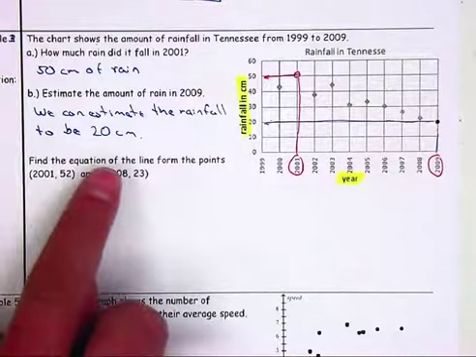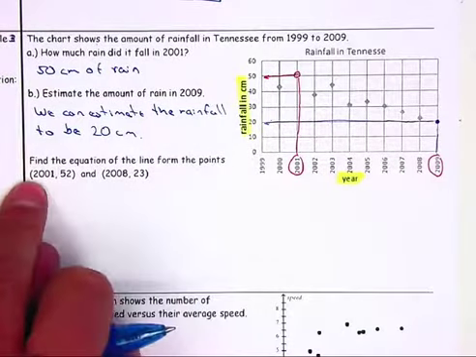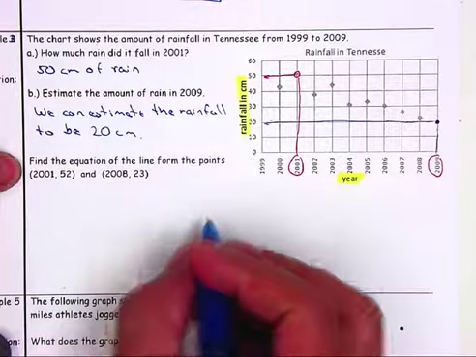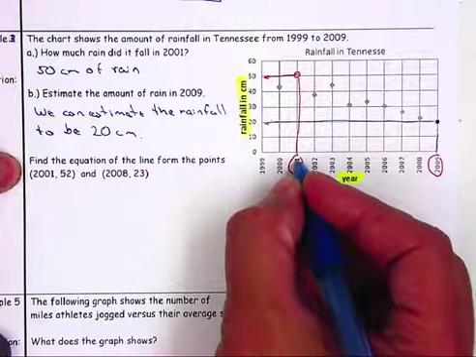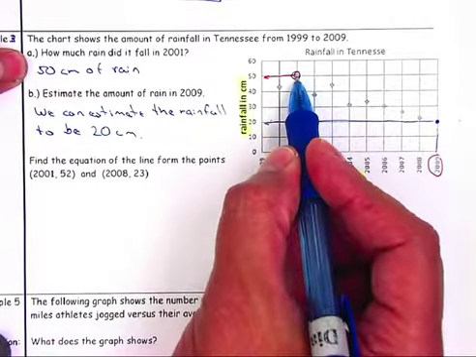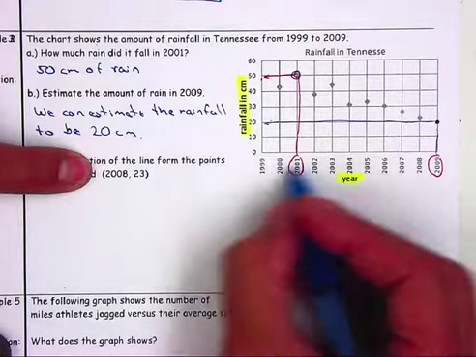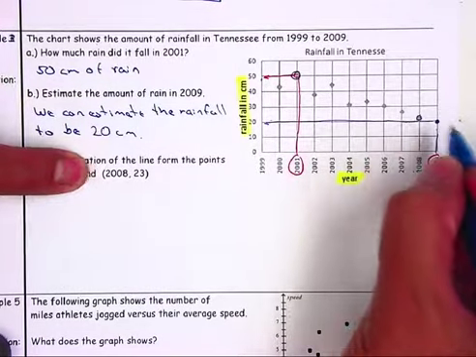And now find the equation of the line from the points 2001 and 52, which is right here. Notice that in this case it's supposed to be 52, but if we write down 50, it should be fine. And 2008 and 23.